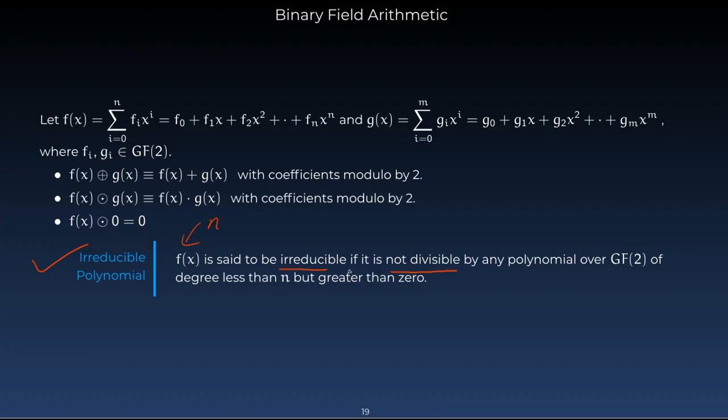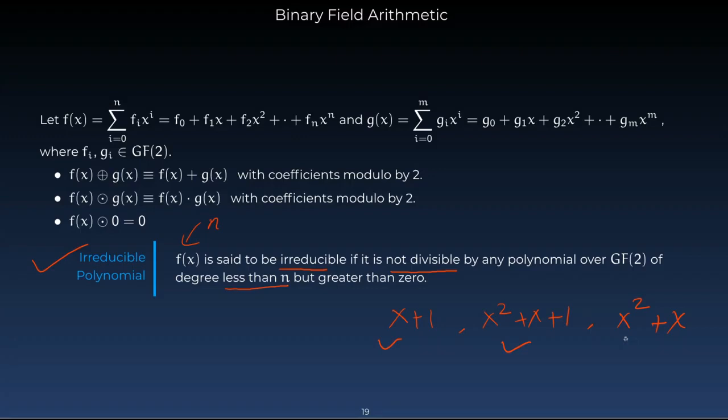So one example of this kind of polynomial is x plus 1. It is a polynomial which is not divisible by any degree 1 polynomial, so it is irreducible. Another example is x square plus x plus 1. So these two are our irreducible polynomials. But if you consider x square plus x, then this polynomial is factorized.